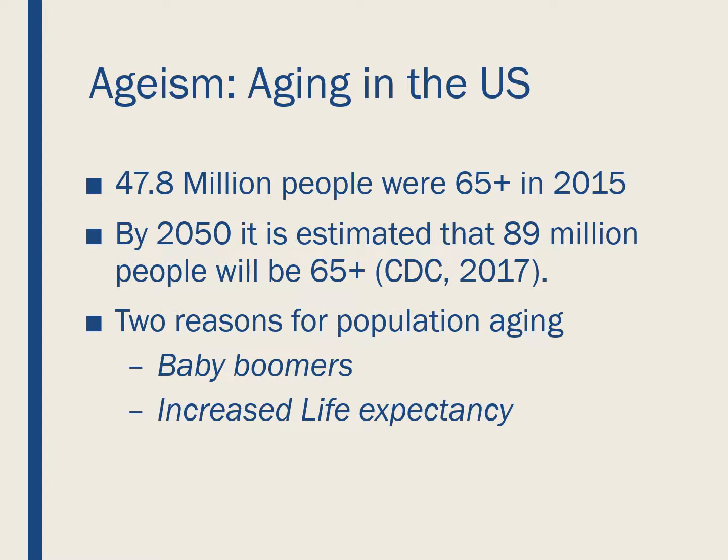So in the US, in 2015, there were 47.8 million older adults. So 65 is kind of the traditional age of retirement, so that's often what we researchers use as kind of the benchmark of older age. And so by 2050, it's estimated that there will be as many as 89 million people who are over the age of 65. There are two main reasons for this population aging.